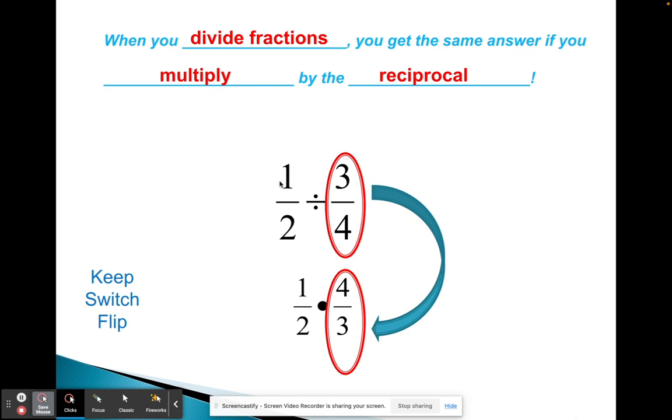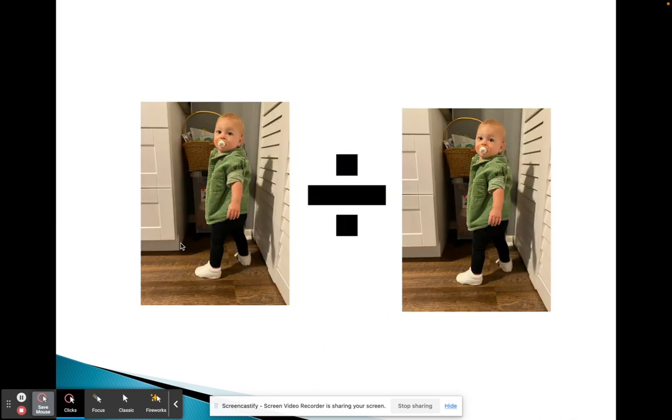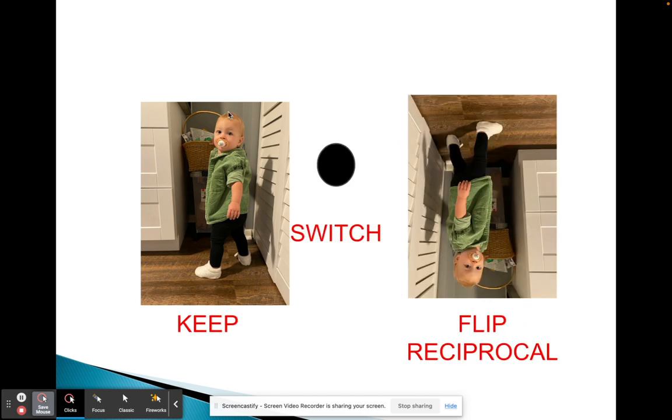So if you remember from 6th grade and 7th grade, keep the first number, switch divide to times, and flip that second number. So let me show you my cute little Nene here. Nene divided by Nene is the same as keep my original Nene, switch divide to times, and flip her upside down.